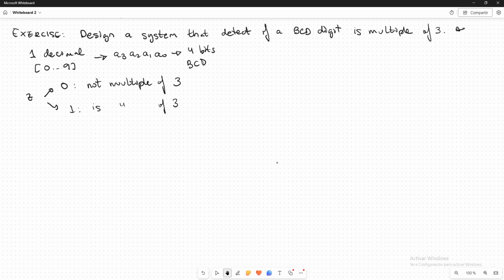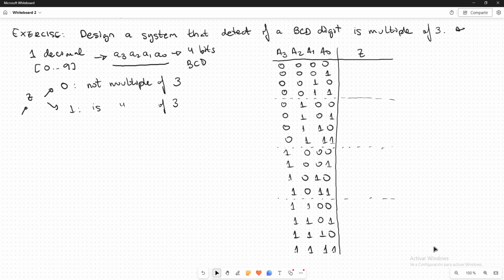So once we have the number of inputs and output, and we have assigned literals to the variables, the next step is, as you know, to build the truth table. So just give me 1 second to draw the truth table. So here we have the truth table.